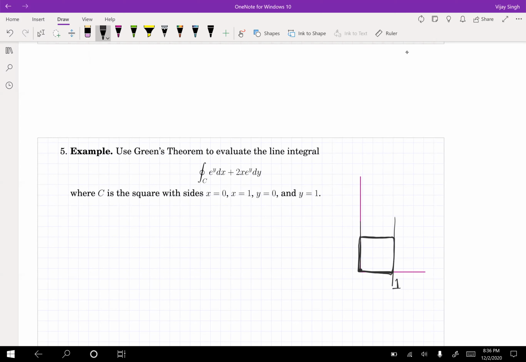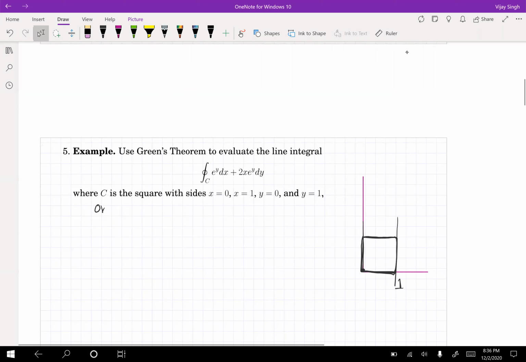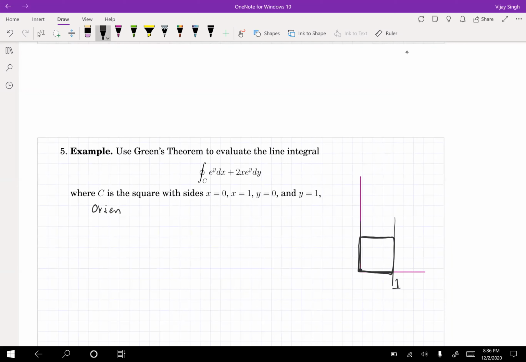So we use Green's theorem to evaluate the line integral where C is a square with these sides, and we should say C is oriented counterclockwise.